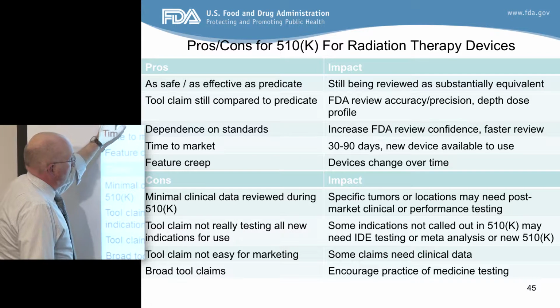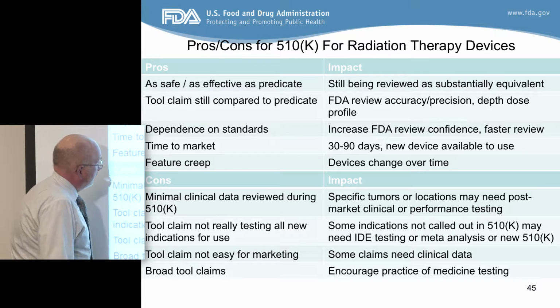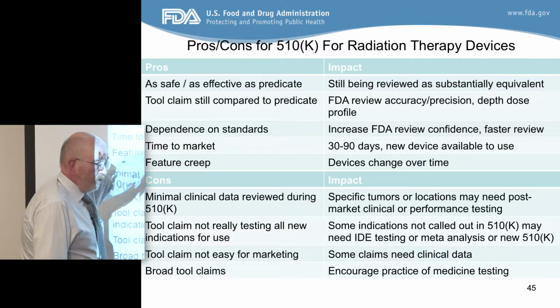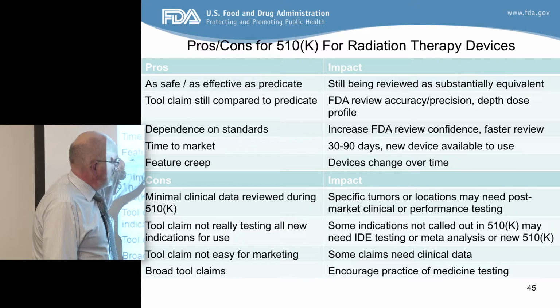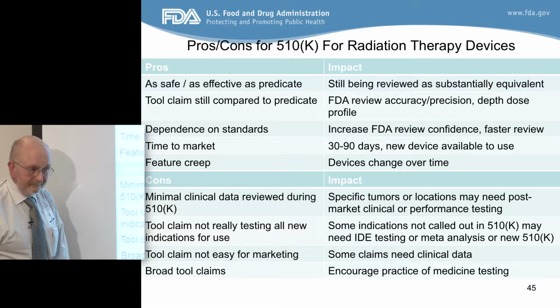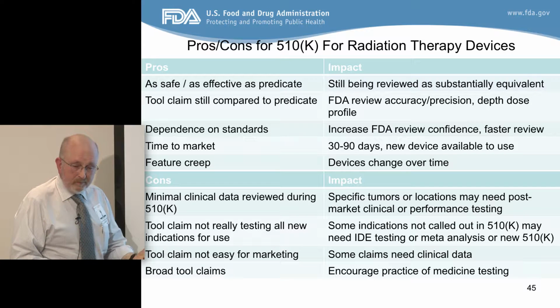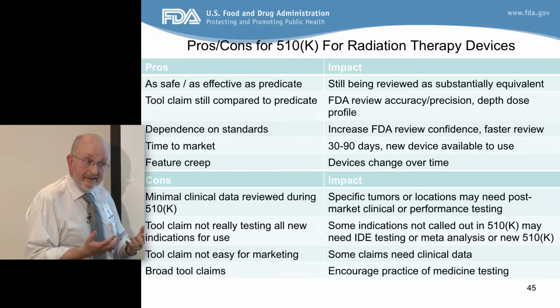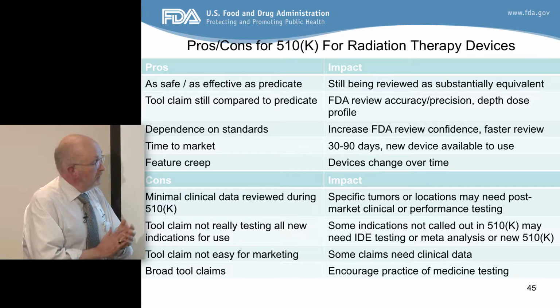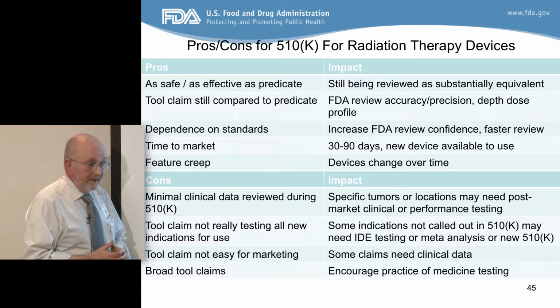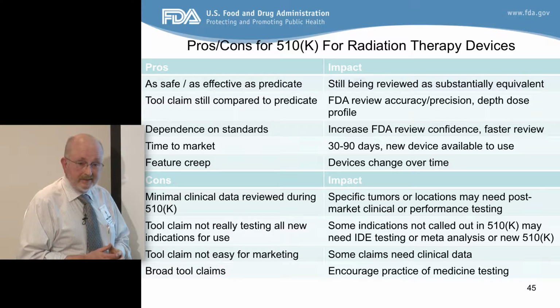The tool claim is still being compared to the predicate. If both the predicate and the subject device have the same tool claim, they're going to be used for the same things.